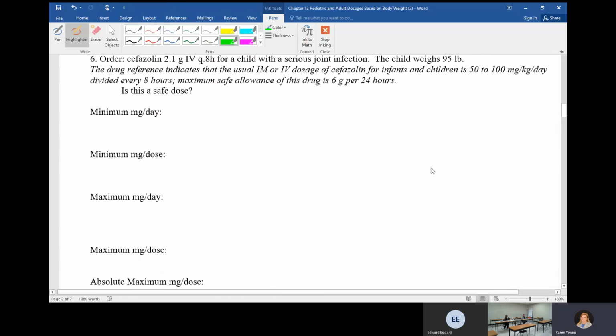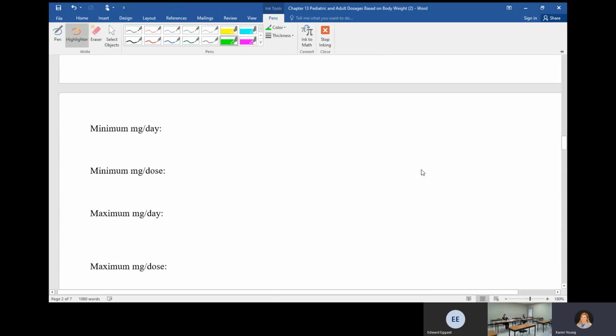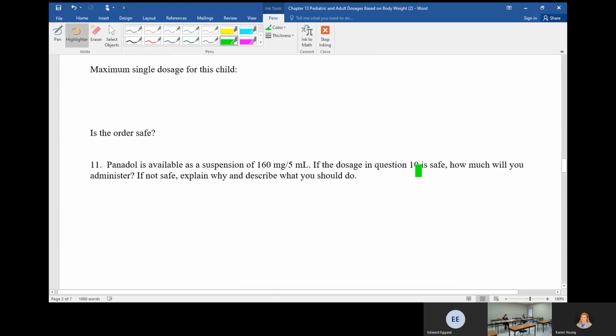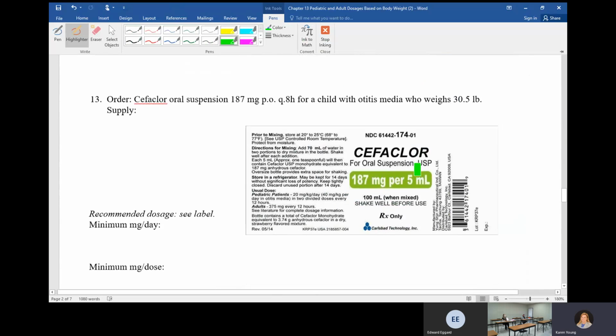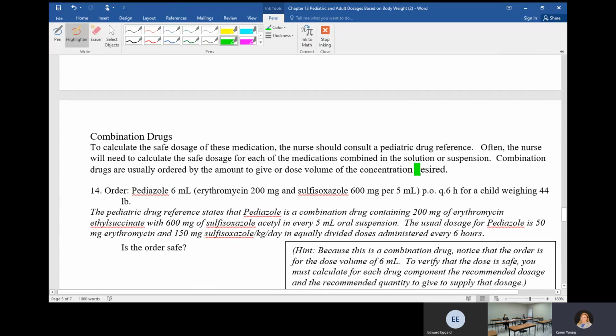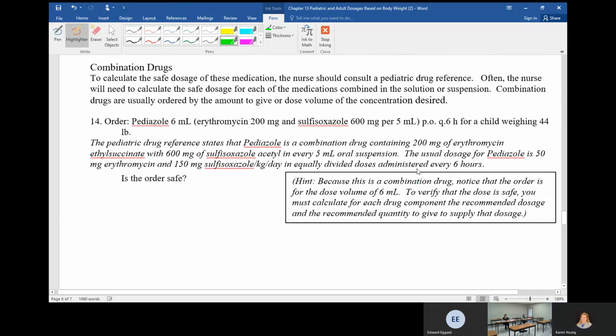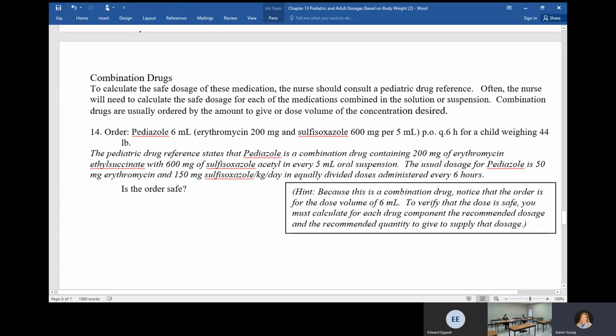And we were going to start with combination drugs. To calculate the safe dosage of these medications, and these are, again, the combination drugs where you've got 2 different types of medication.